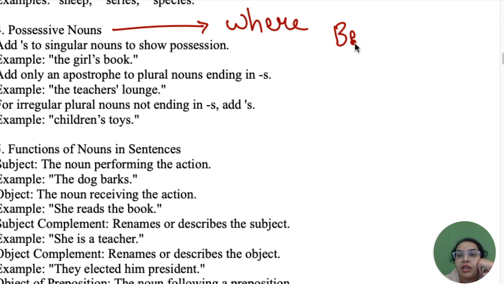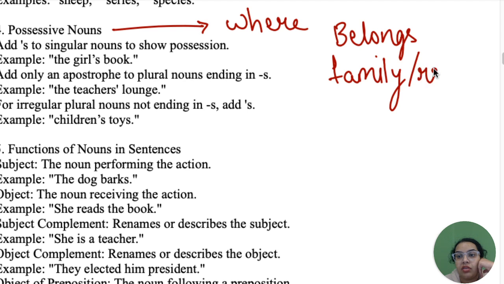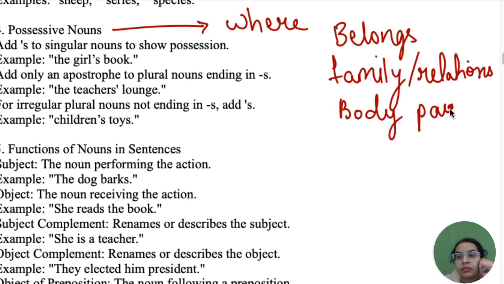When something belongs, when we talk about family or relation, when we talk about body parts, in that case also we use possessive nouns.